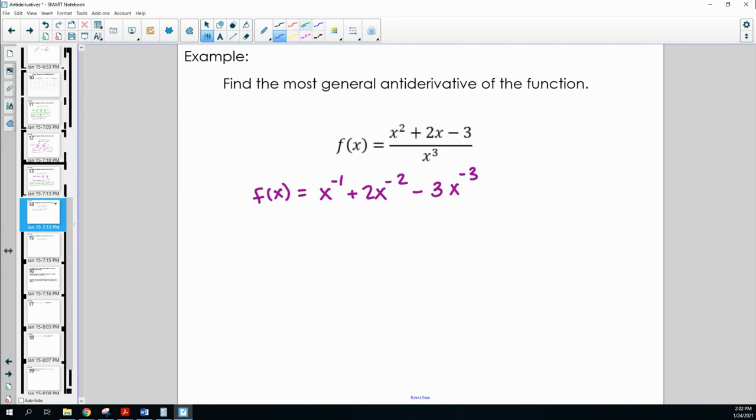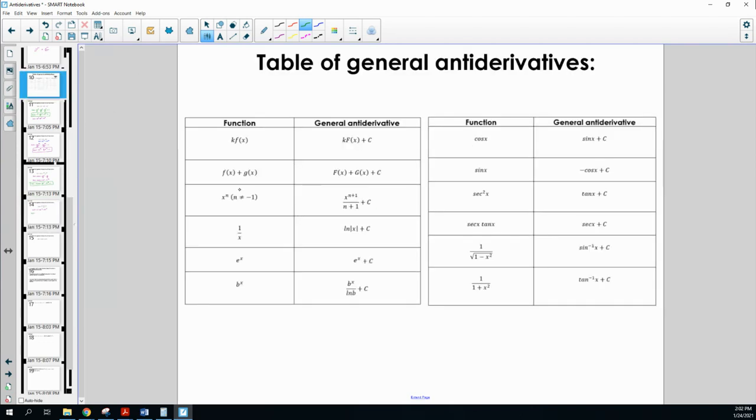So now we're going to take the antiderivative. It's really important here to pay attention to this, so I'm going to go back to this really fast. When we have a power function like x to the n, we do the thing that we talked about by increasing the exponent by 1 and dividing by that. However, you can't do that when n is equal to negative 1.